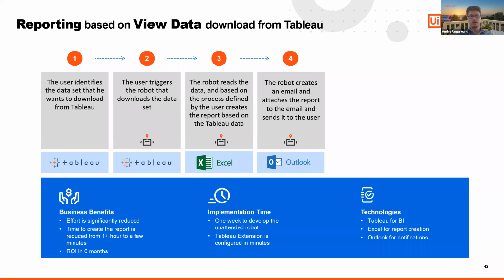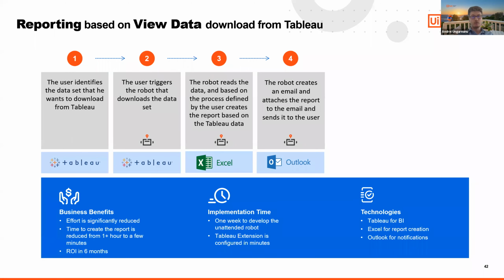So if you are doing reporting, then you can think that the whole process can be automated. And how would that translate into steps? The user would identify the data set that he wants to download from Tableau, and then he would trigger the robot that would go to Tableau, go to the view, trigger the underlying data with the query and save it as CSV.